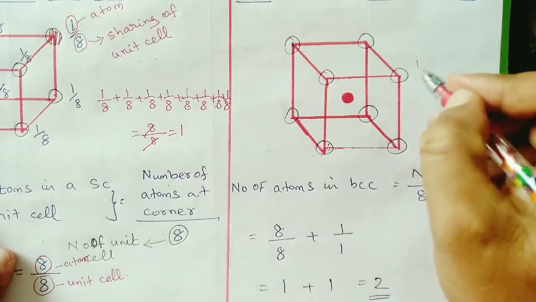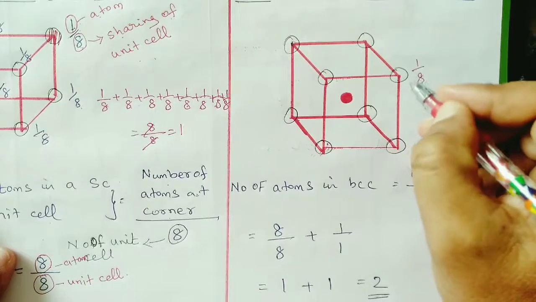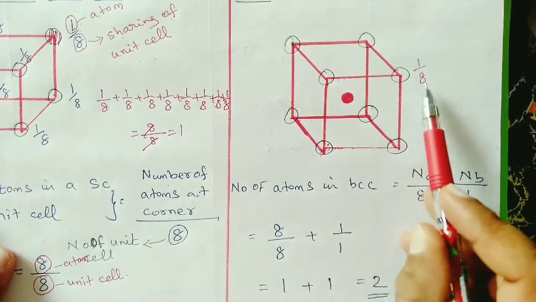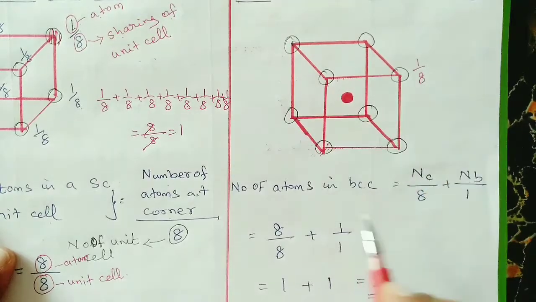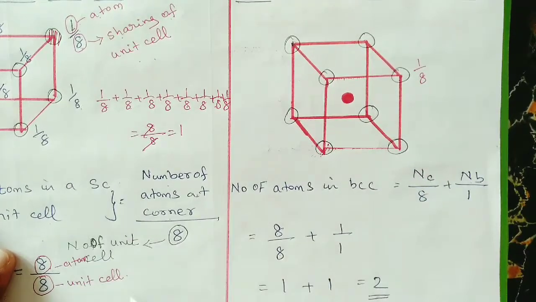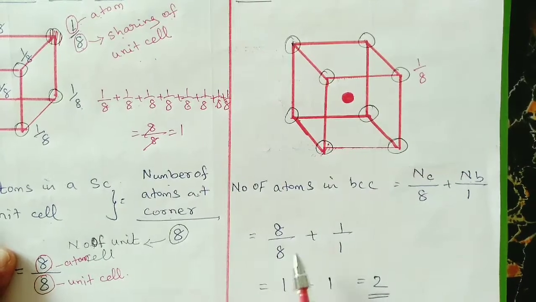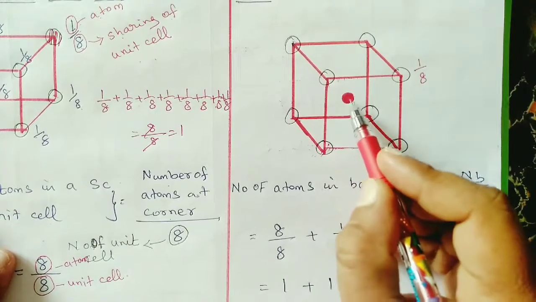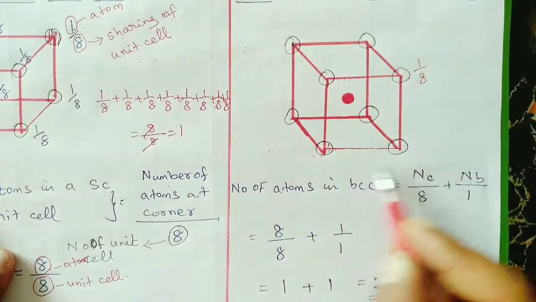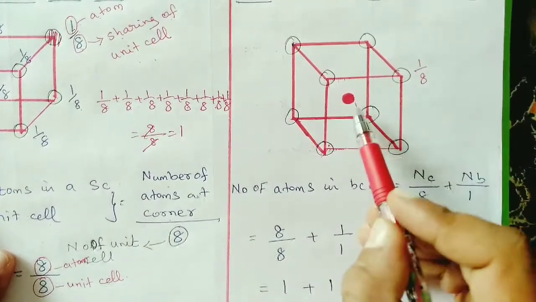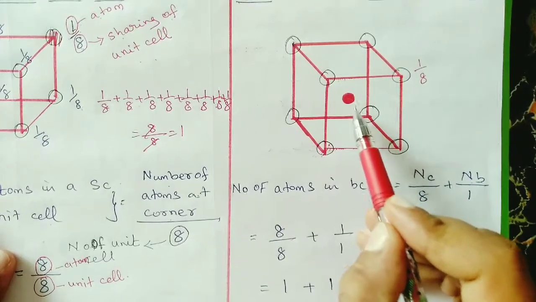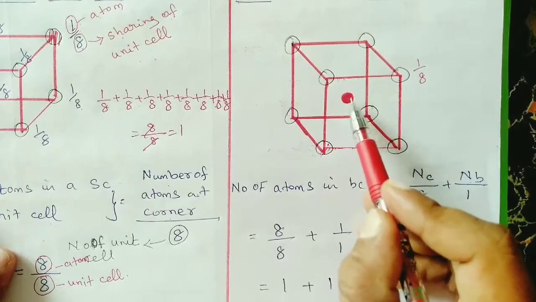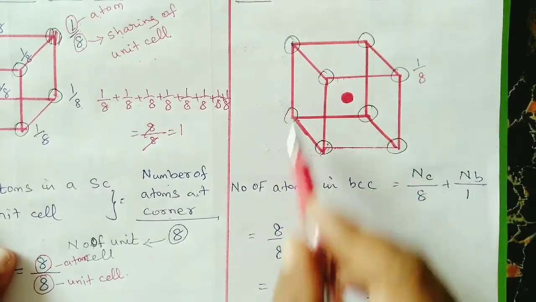I also explained that each atom at a corner is shared by 8 unit cells. So 8 divided by 8, we already know from the simple cubic unit cell. The body centered atom is shared by only one unit cell. This body center atom is not shared by any other neighboring unit cell, it belongs to this unit cell only.